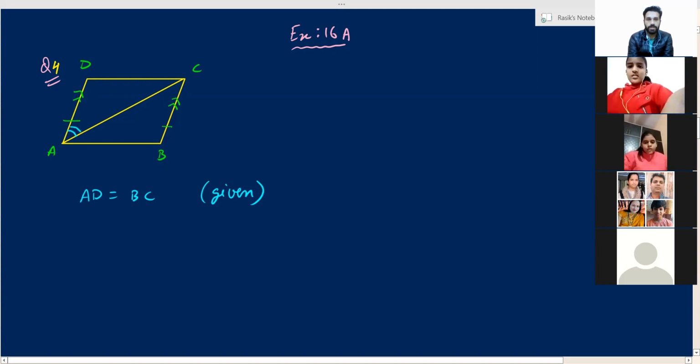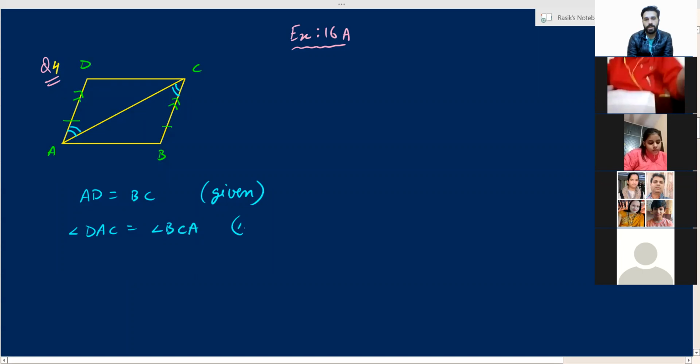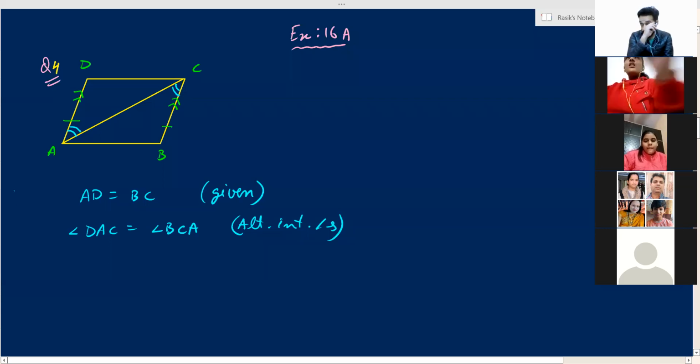Second thing, look at this. Angle DAC is equal to angle BCA. These two angles are equal. These are alternate interior angles. And why are they equal? Because the lines AD and BC are given parallel.